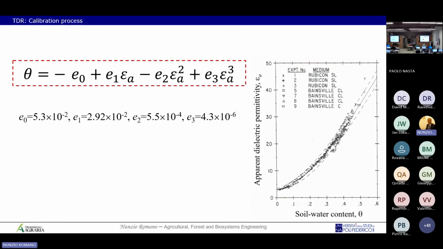And you can see the picture on your right, taken from the original paper by Topp. You can see that there is a quantification of the uncertainty. The dashed lines that you can see in this plot give you an idea of the errors that you have when using different kinds of soils.